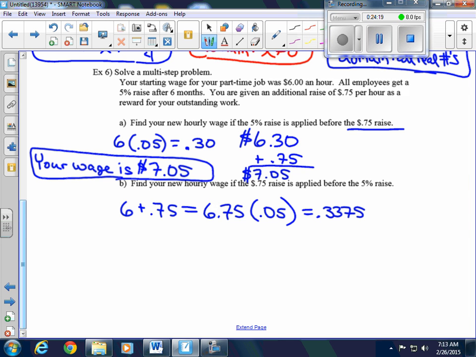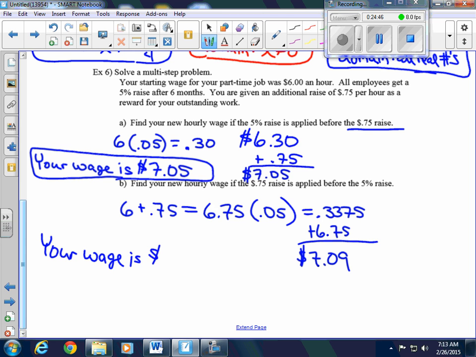So if we take that and add your 6.75 to it, your new salary is about $7.09 per hour. It's just a little bit more than 7.08. So your wage is 7.09.